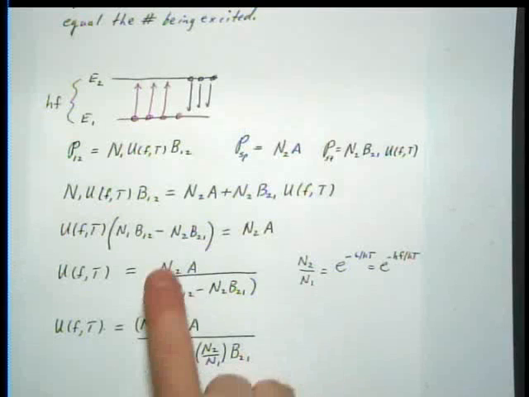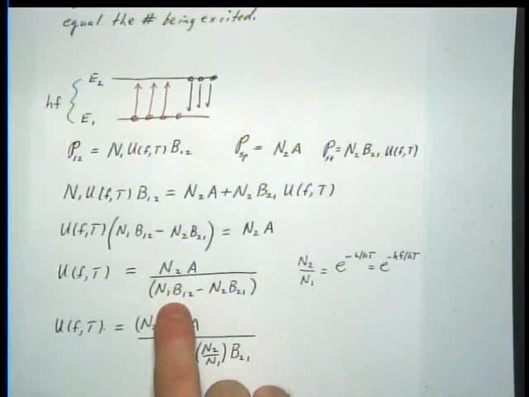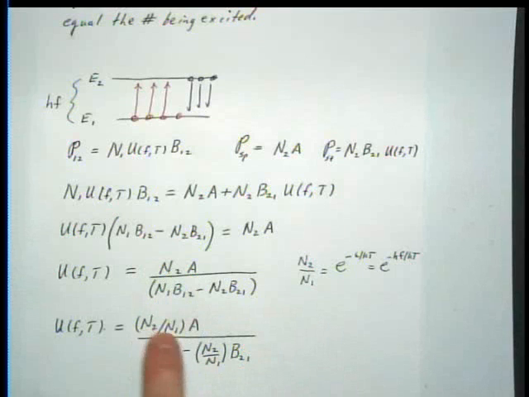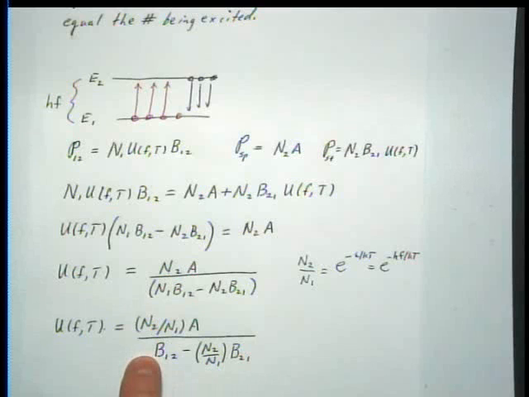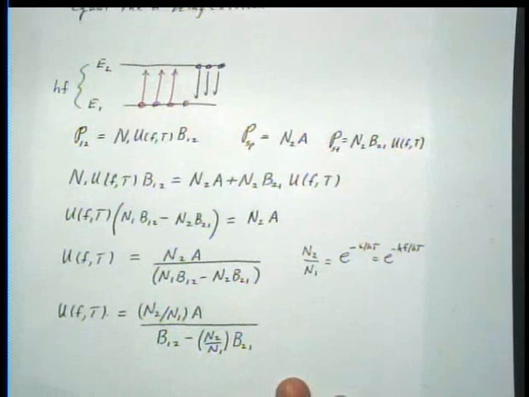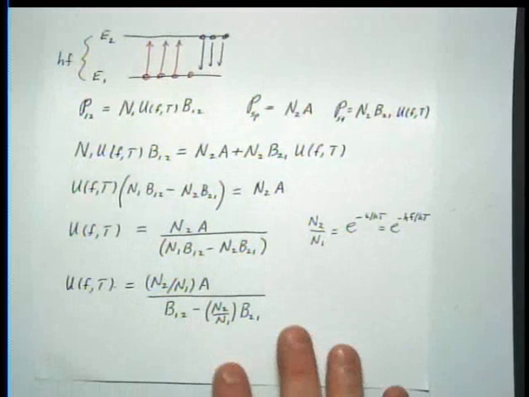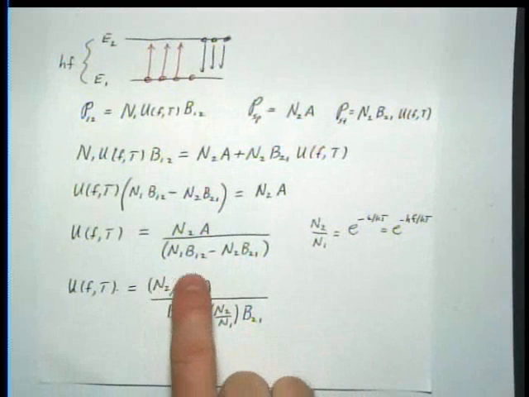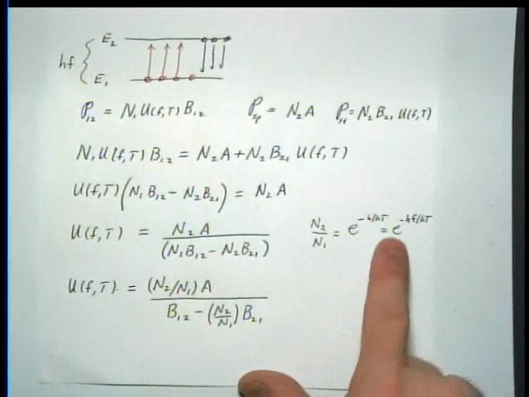Well, the top has an N2, so I'll divide it by an N1, and I'll divide the bottom by an N1. So I get N2 over N1, the N1 cancels here, and I get N2 over N1. And now everything still has the same constants, but I've solved the whole problem for N2 over N1 because I got it set equal to this.